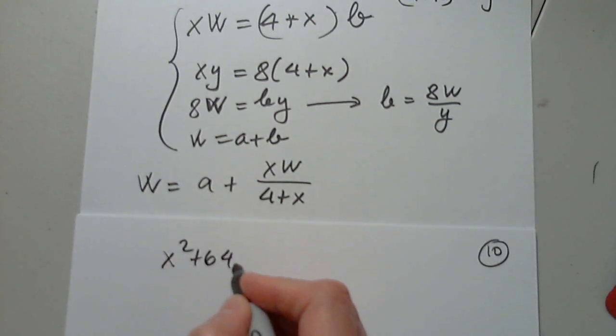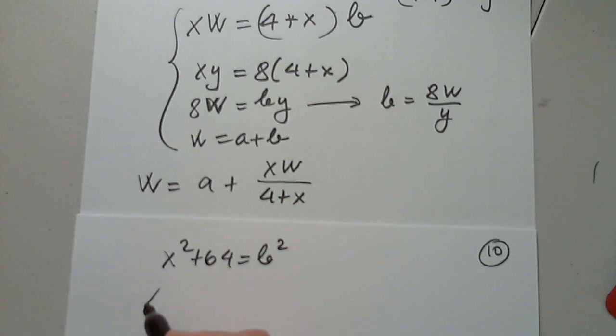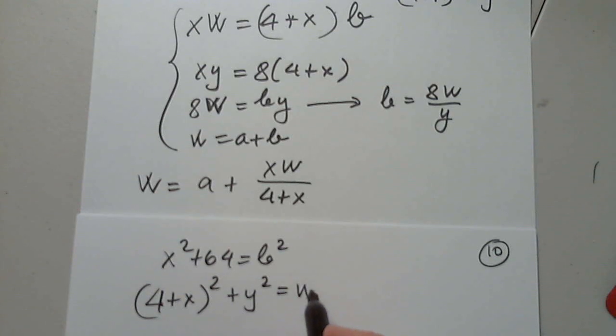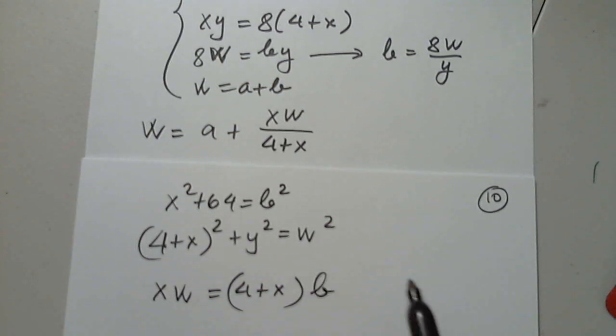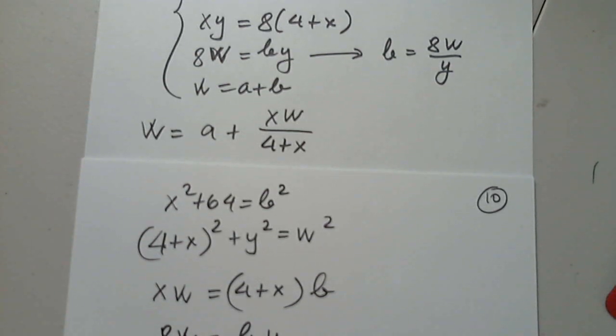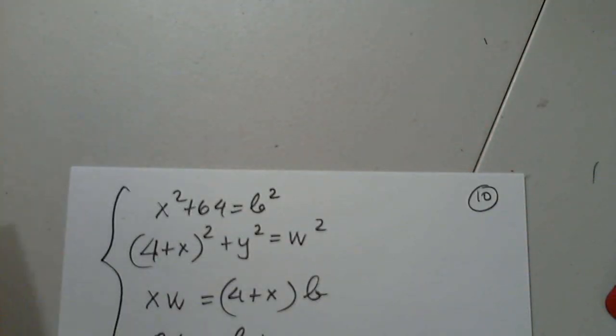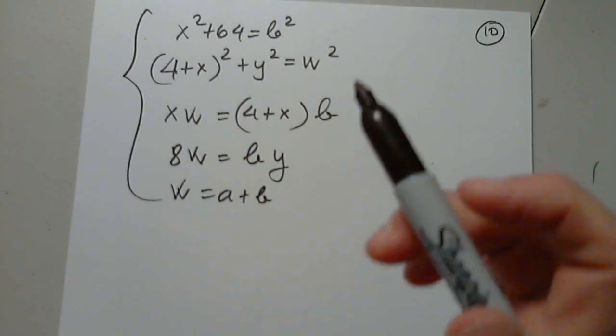So x squared plus 64 equals b squared. 4 plus x, everything squared, plus y squared equals w squared. xw equals 4 plus x times b. 8w equals by, and w equals a plus b. I should be able to accomplish something with all this. Okay, let's see how we do this.